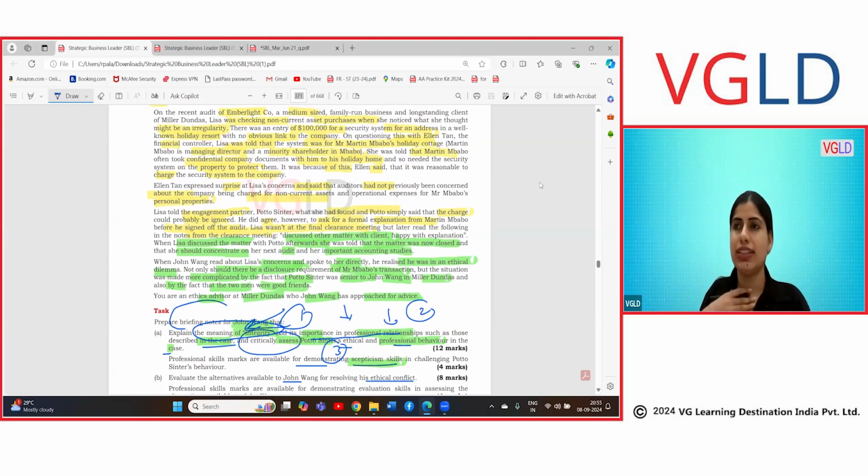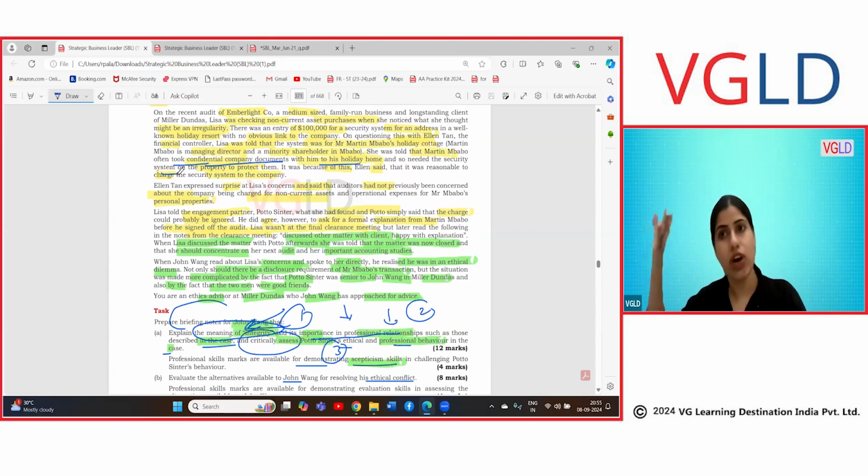Like, I am the senior auditor, my intern checks that, and I know that person is my friend, and just to save him, I say that yes, he often took the confidential company documents with him to a holiday home, so he needed the security system. That holiday home system was purchased for a specific address, which is not a business address.